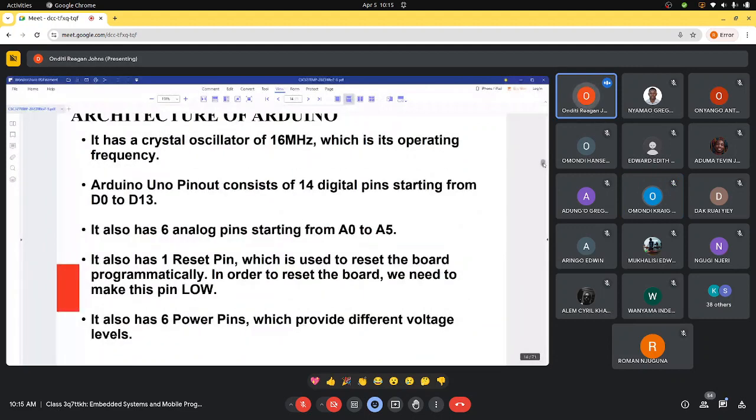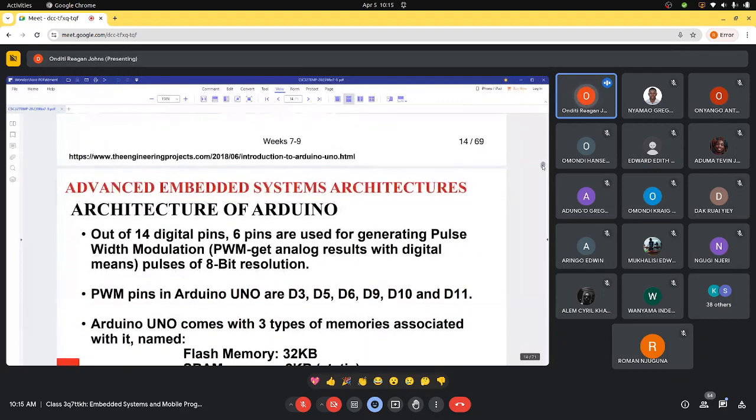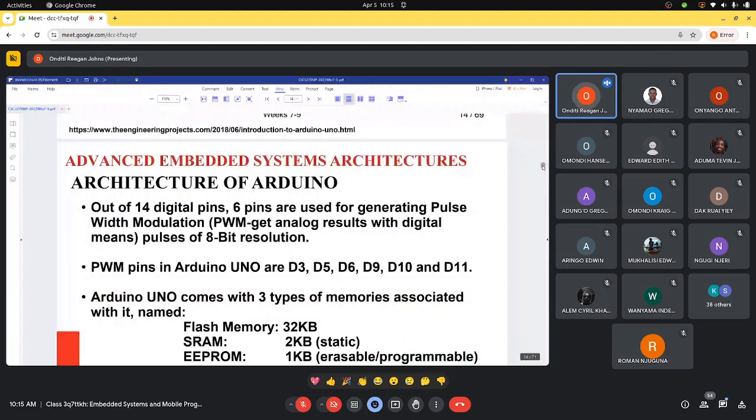It also has 6 power pins, which we have seen, very fundamental, and you will be able to interact with them. Out of the 14 digital pins, 6 are used for generating pulse width modulation, which I refer to as PWM, to get an analog result with digital means, correct?